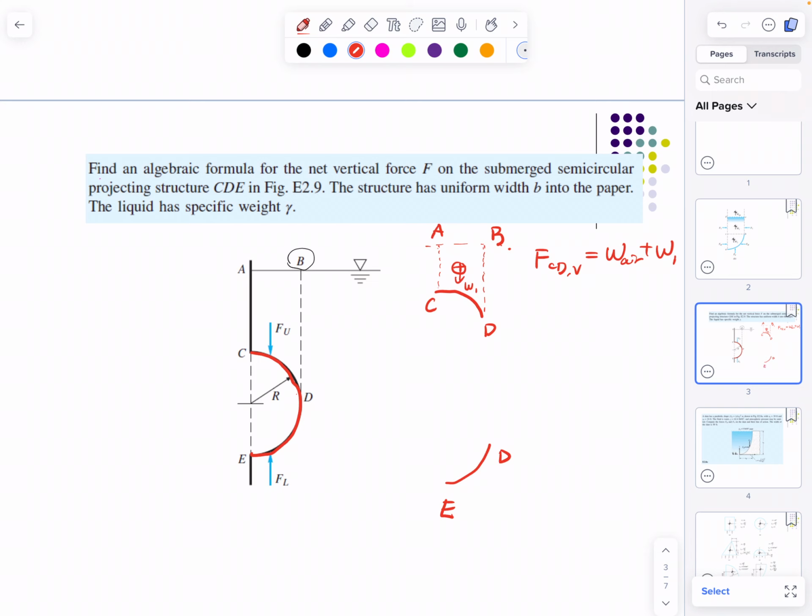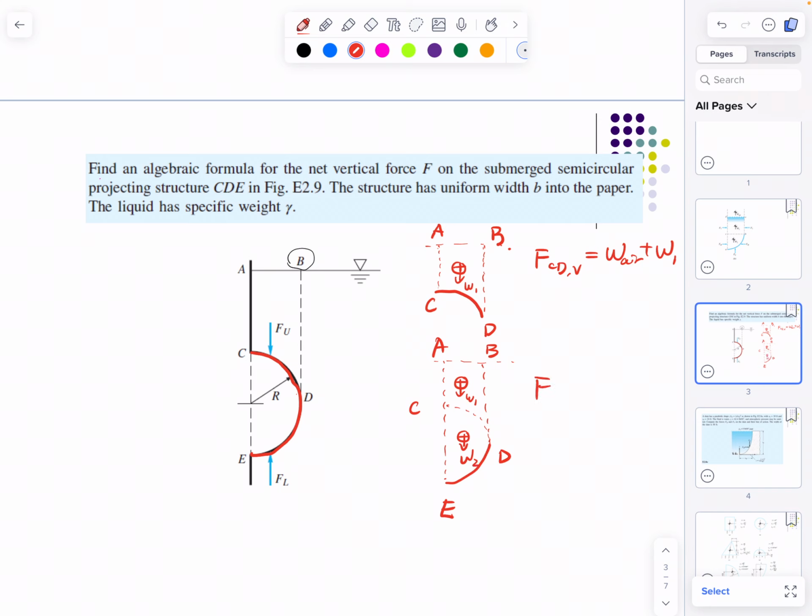And to get a free body diagram, we still need to make a structure, connecting each end to the top of the surface. And still here is A and B. And theoretically, your CD should be here. Right here is C and D. And we have defined previously this section to be W1, right? Then we can say this section to be W2.